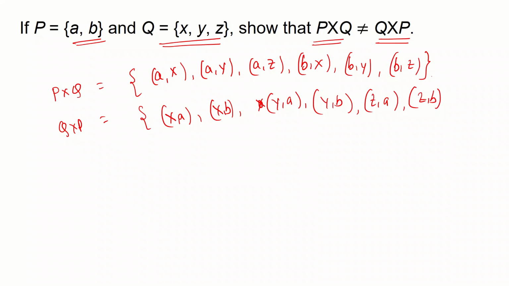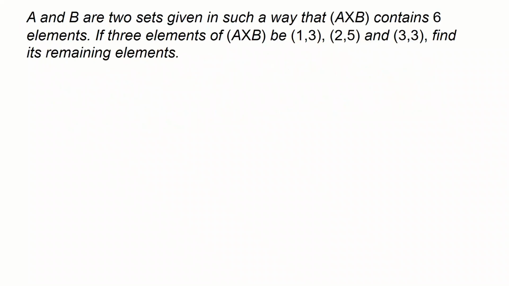So that is why P cross Q is not equal to Q cross P. That means that the Cartesian product is non-commutative with respect to sets.